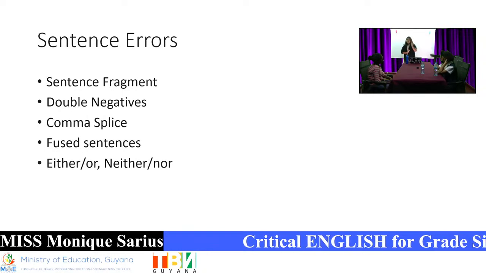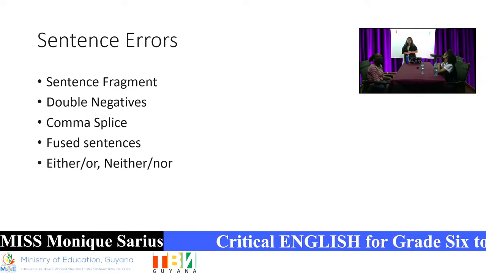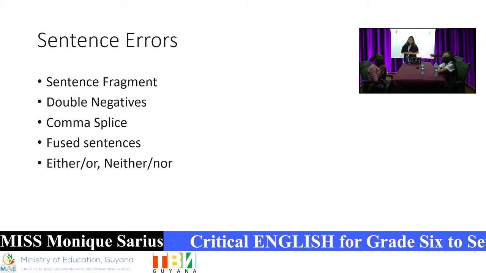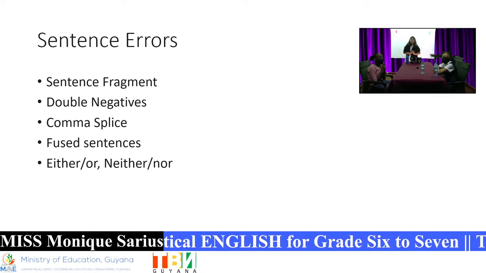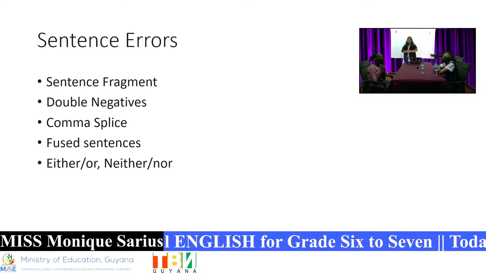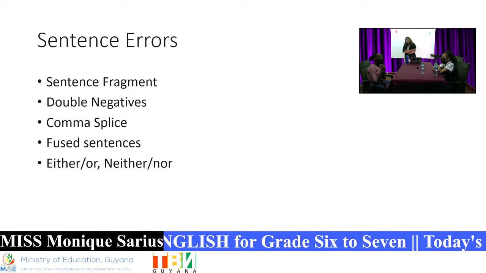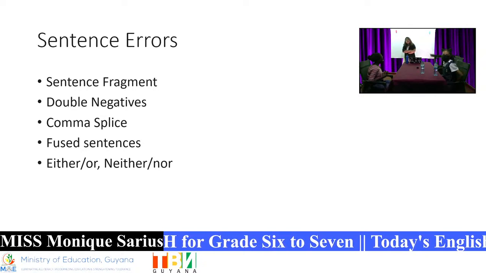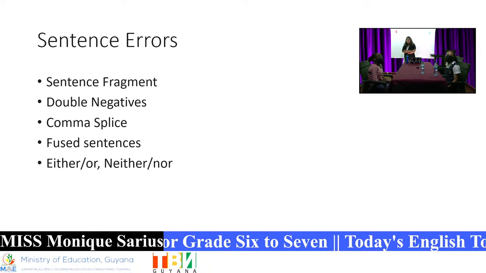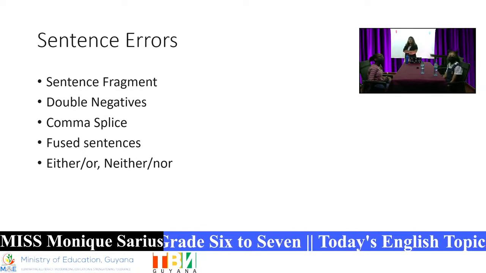Choose one of these and tell me how we can fix the error, the error that sometimes happens or that people can easily make. Comma splice. All right, tell me in your own words, what is comma splice and how do we fix it?